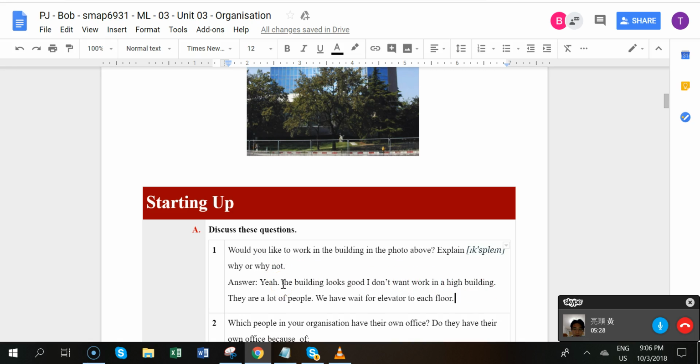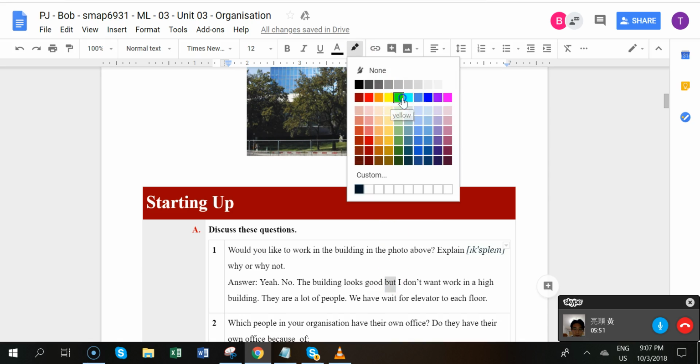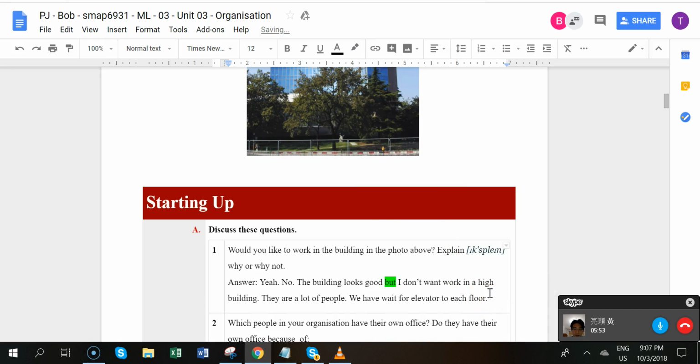So you must answer no because the question is, would you like to work in the building in the photo above? Then you must say no. Then you say, the building looks good. Then you can add but. Or instead of saying but, you can say on the other hand.